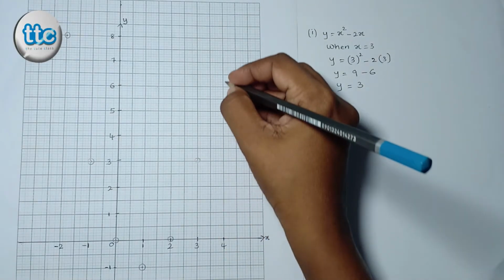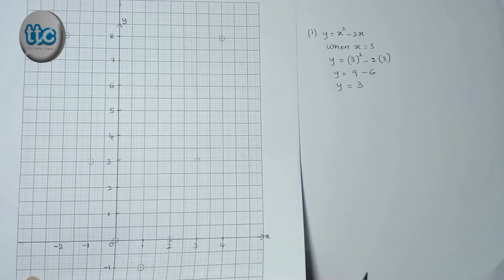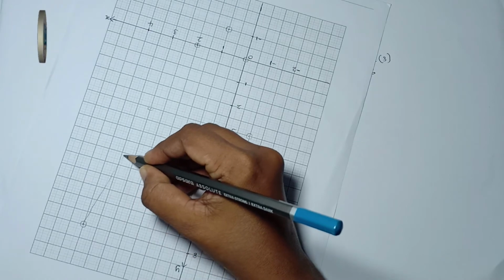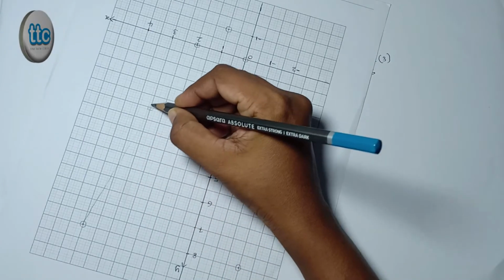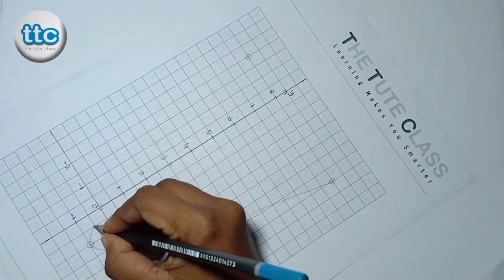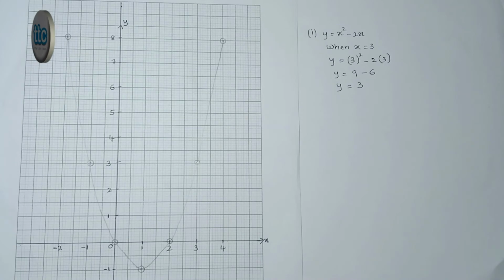X equals 4, y equals 8. Now we will connect the points. You have to smoothly connect the points like this. This is the graph.